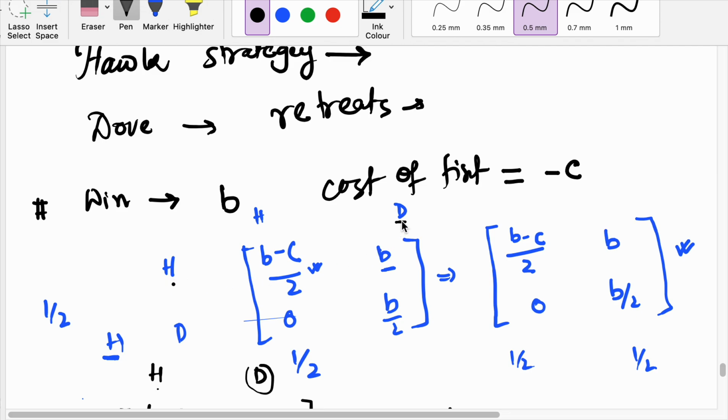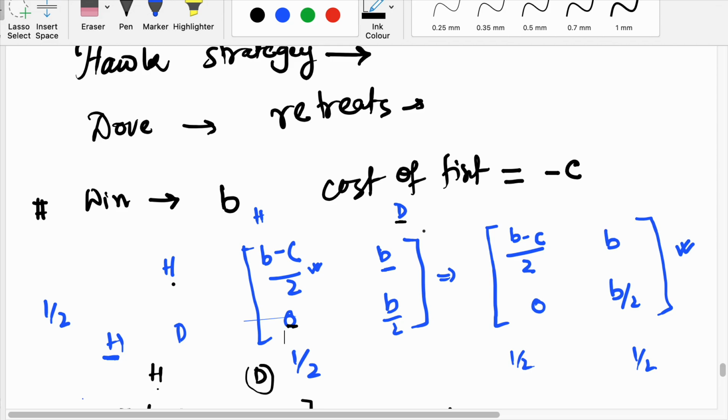If a hawk plays against a dove, then when the dove finds that the other player is playing the hawk strategy, she will retreat from there, and this dove will get a payoff of 0 and this hawk will get a payoff of B. And when two doves meet each other, eventually one of them will win and one of them will lose and retreat, and the individual who wins will get a payoff of B by 2 and the other individual also gets a payoff of B by 2.